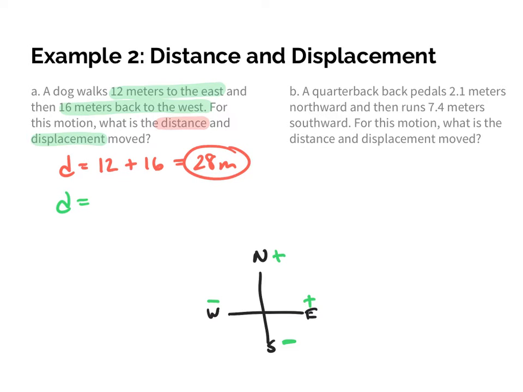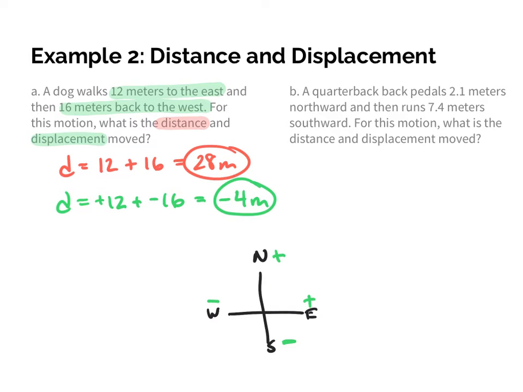So when I go 12 meters to the east, technically that's a positive 12. But now when I go 16 meters to the west, I'm technically moving in a negative direction, so that's negative 16. So if I were to add 12 and negative 16 together, that's going to give me negative 4 meters.